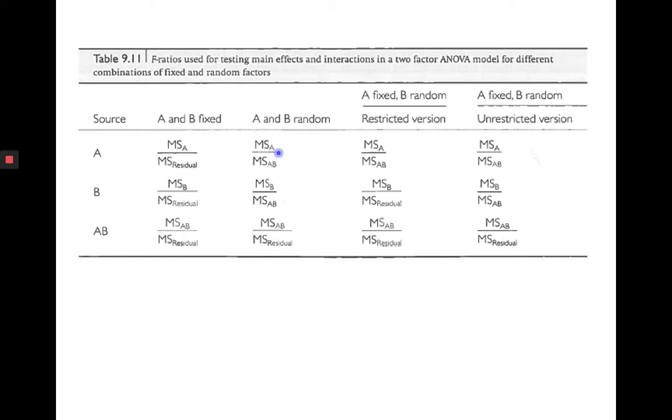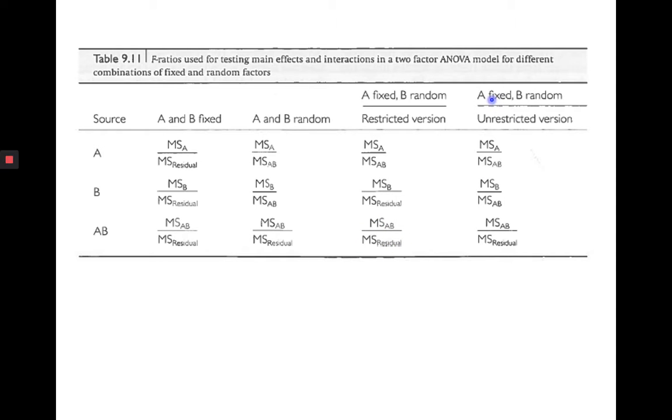If both of them are random, you don't divide it by the residual, you divide the main effects by the interaction effect, and you divide the interaction effect by the residual. If A is fixed and B is random, you divide the fixed value by the interaction term and the random value by the residual term and the interaction term by the residual term.